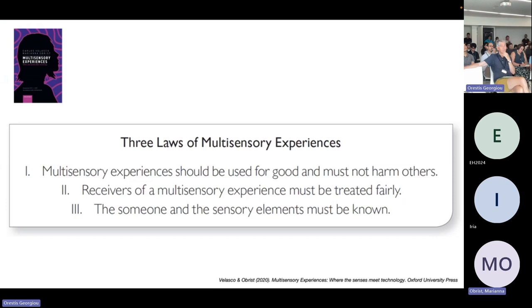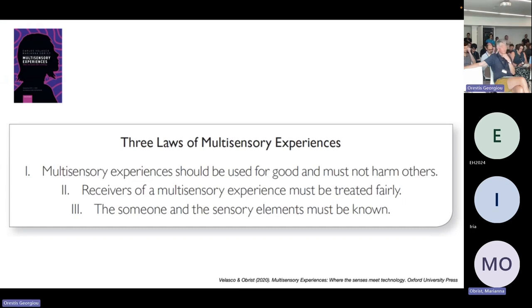Receivers of multisensory experiences must be treated fairly, and the someone and the sensory elements must be known. Well, everyone, I think, will say, well, obviously, this sounds very logical, and they are kept very simple at this high level, because it should be easy to basically not do it.